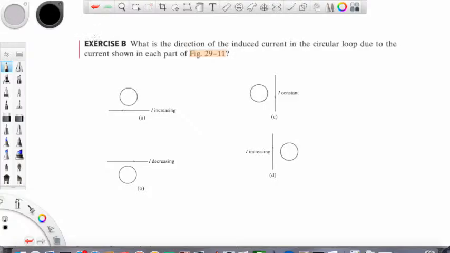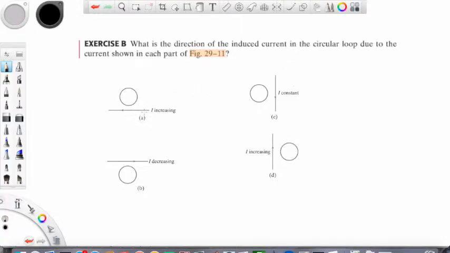Let's do this exercise where we have loops in different orientations relative to a magnetic field, changing or constant. And we'll see what is the direction of the induced current, if any.